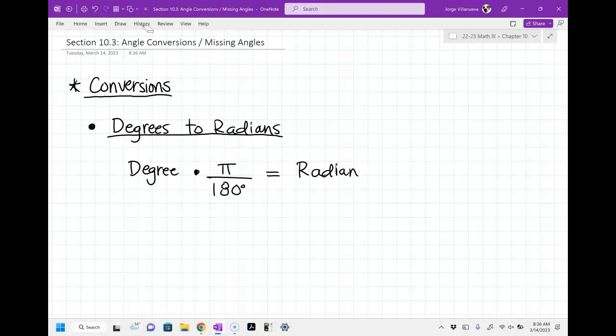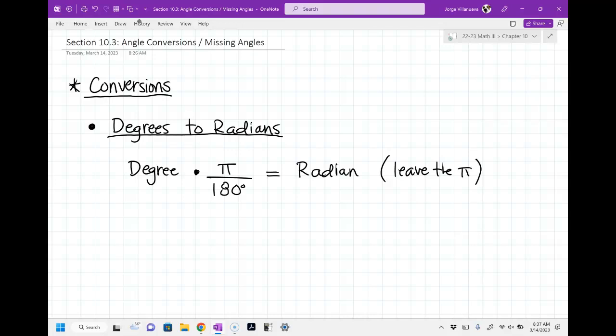So you're going to take your degree. If I give you 30 degrees, you're going to multiply it times pi over 180. So 30 times pi over 180. And then you're going to leave it the way it looks with pi. I'm going to put right here, leave the pi. In other words, don't multiply by 3.1415926, just leave pi.